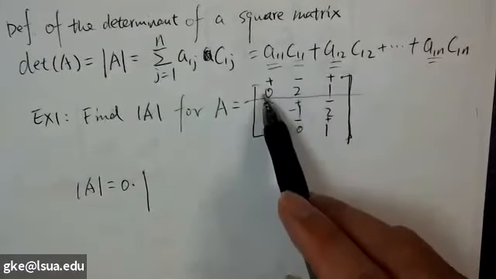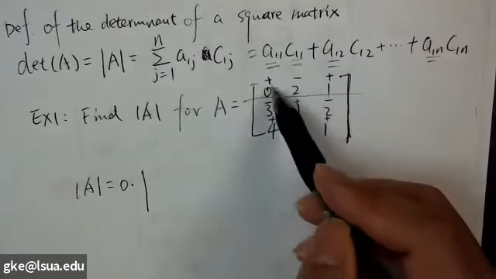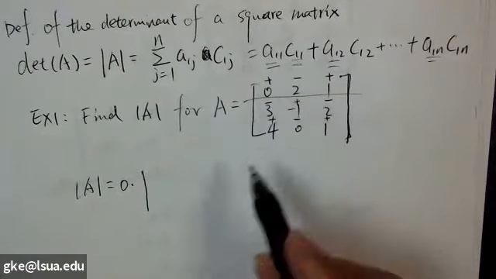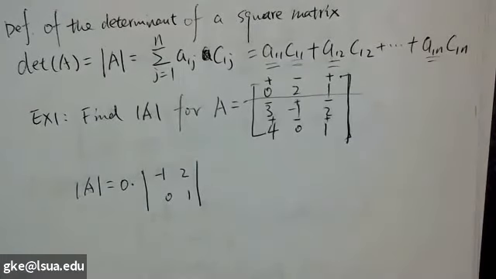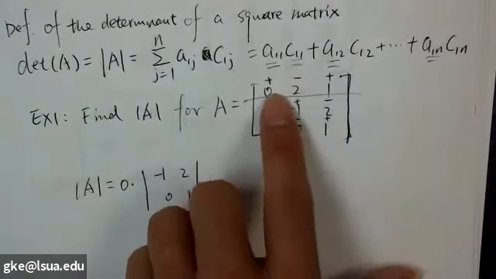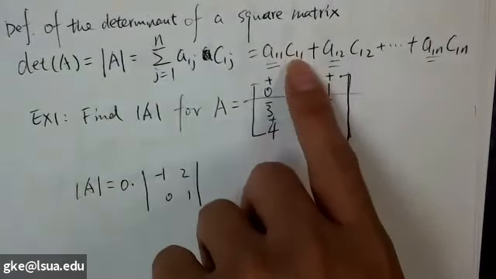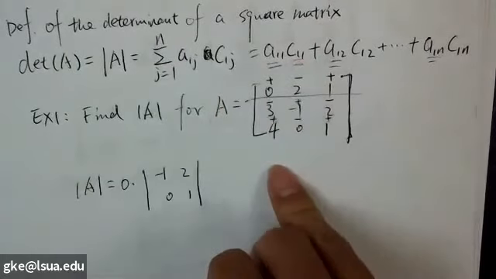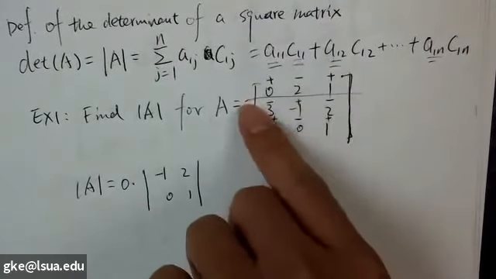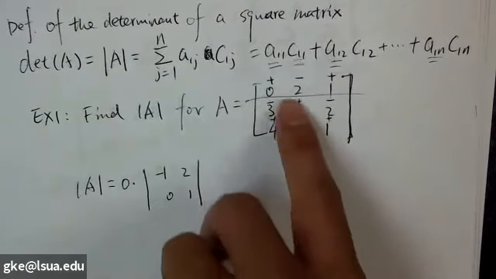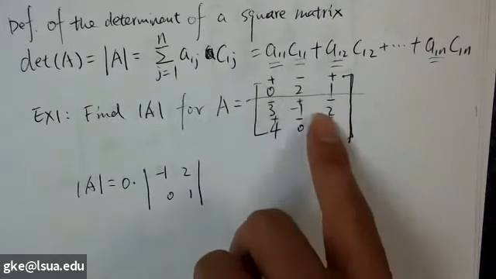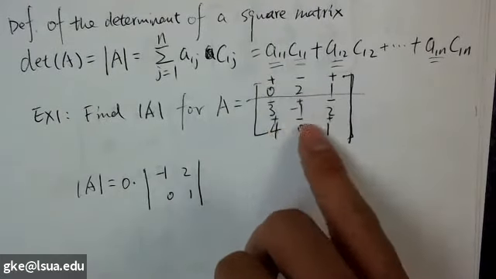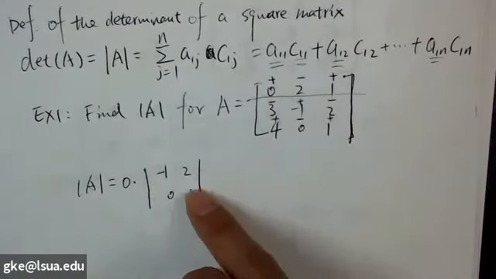M11 is what we get by crossing out the first row and the first column: -1, 2, 0, 1. So following the formula, A11 is 0, and C11 is this minor because the sign is positive, so it is just itself.